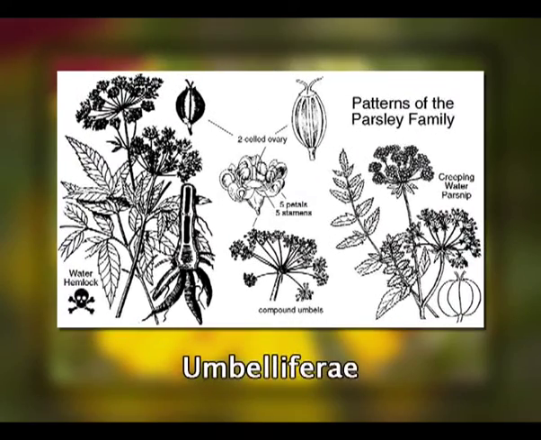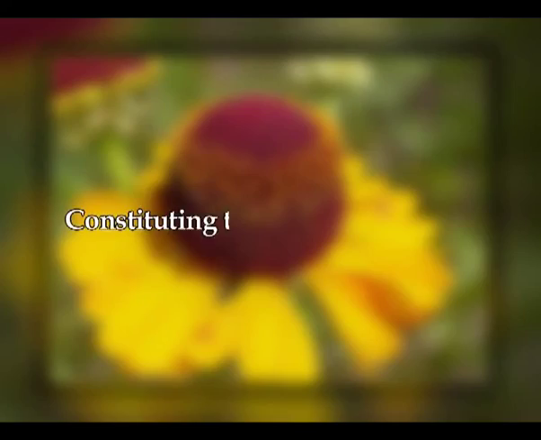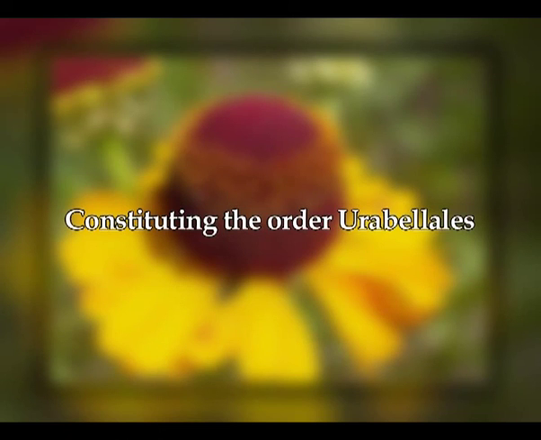An extensive survey of the families Umbelliferae and Araliaceae by Hegnauer in 1971 revealed that the two families are closely related. Hegnauer also concluded that they may be regarded as constituting the order Umbellales, which in turn may have evolved from a Rutalian stock.